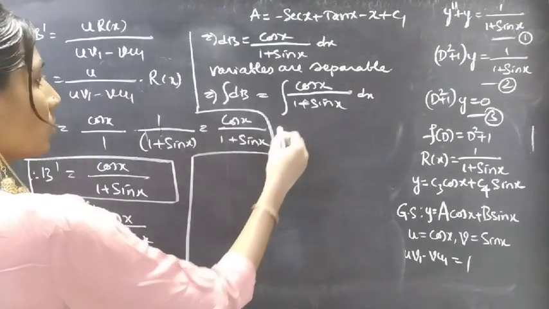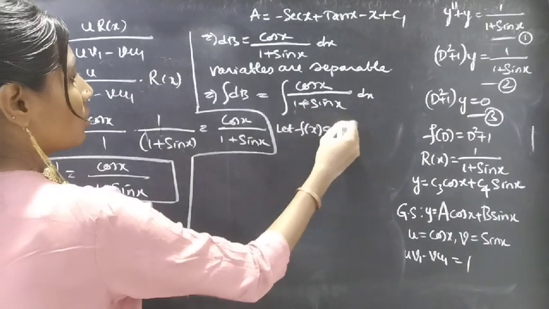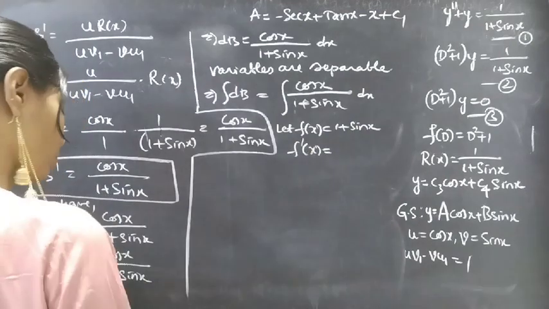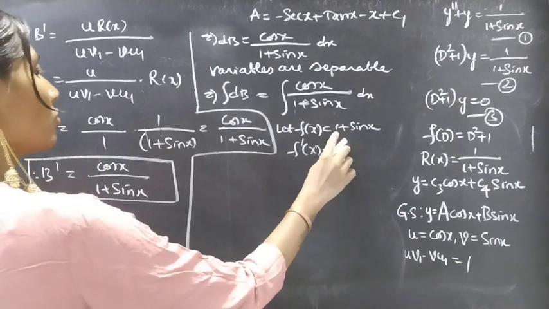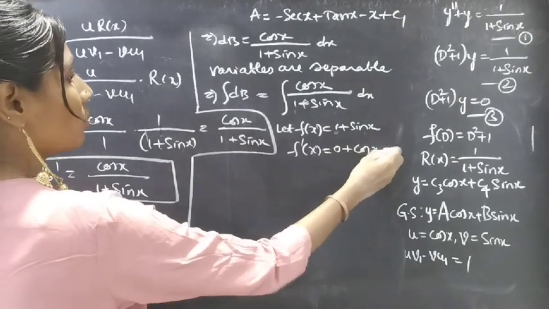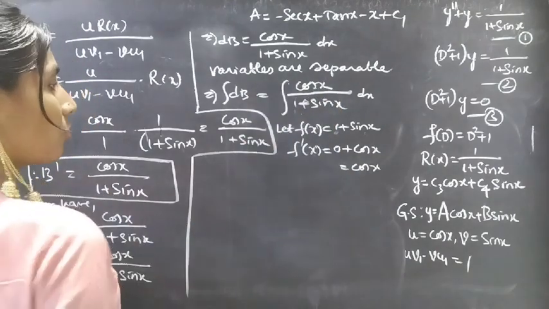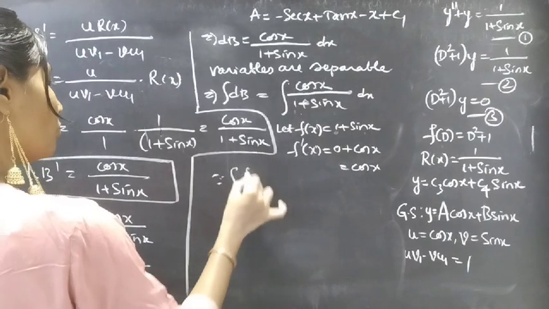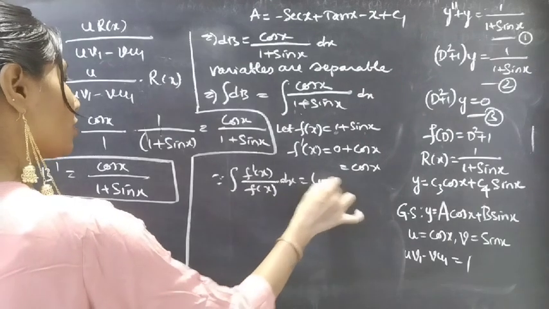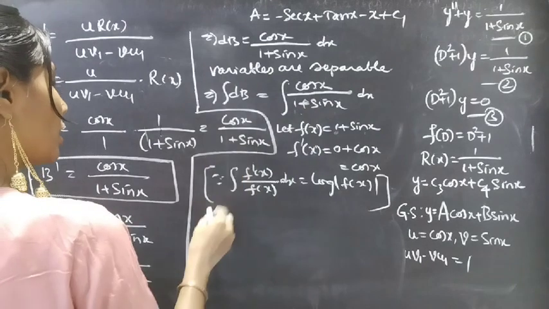Right? Let f of x equal 1 plus sin x. Then f dash of x is the derivative of f with respect to x. The derivative of a constant is 0, plus the derivative of sin x is cos x. So f dash of x is cos x. So the integrand is of the form f dash of x by f of x. Since we know that integral f dash of x by f of x dx equals log mod f of x, we can apply this formula here.